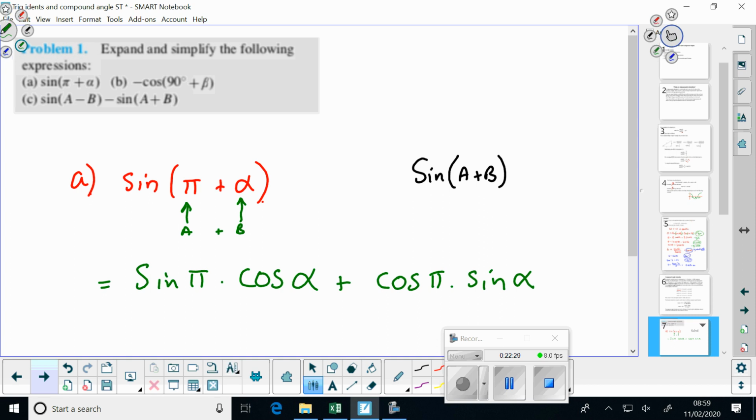So you can write it out in that form. Now can you see what we've got there? Anything we can do with that?